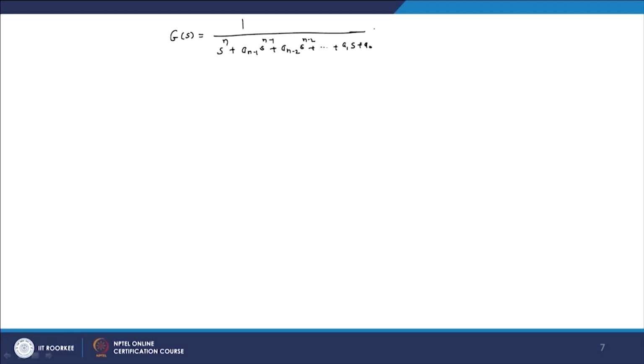Now, this is the G of s, but here we are designing a controller for a system which is represented in state space form.